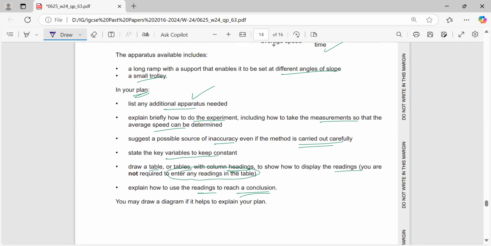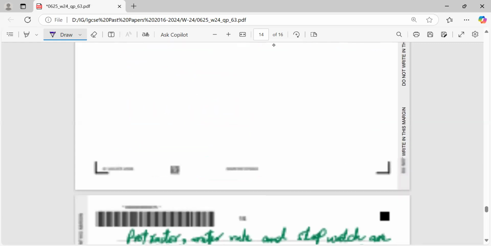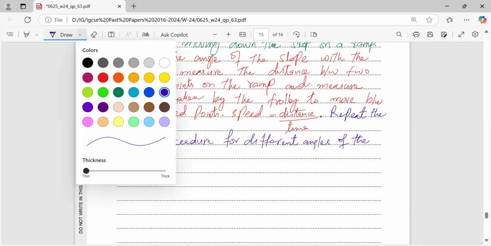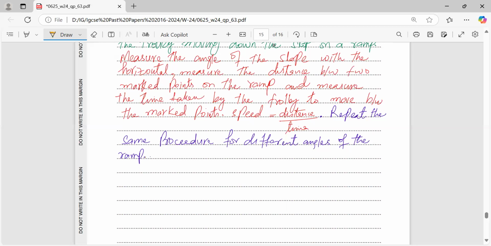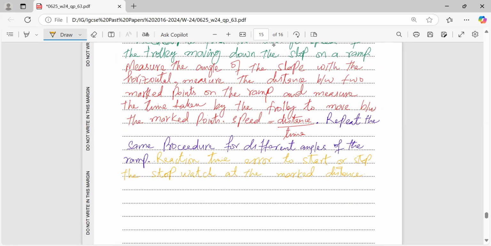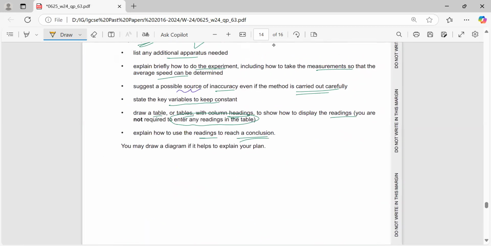They want a possible source of inaccuracy, so I will be writing reaction time error: reaction time error to start or stop the stopwatch at the marked distances. Marked distance is enough.